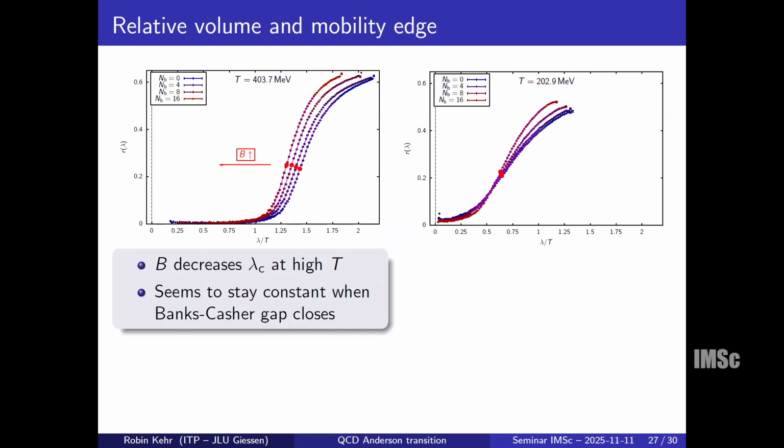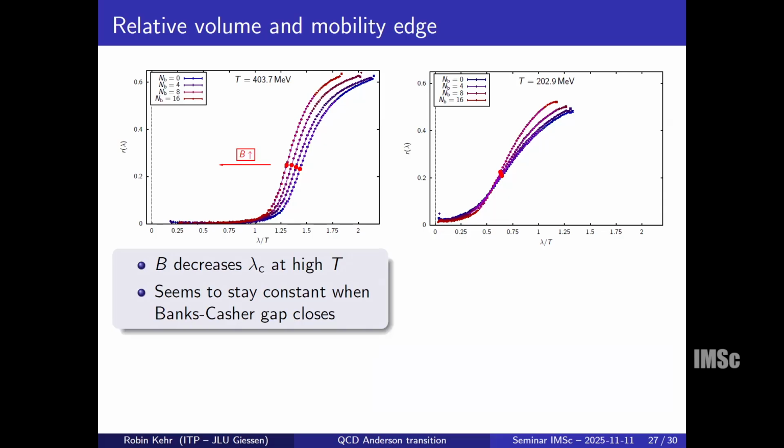Then I come to the results. Here we have a high temperature, around 400 MeV. And here we see as we increase N_B, the mobility edge gets reduced. So the increasing magnetic field reduces the mobility edge. If that would happen everywhere, then the transition temperature would actually be higher at the end.